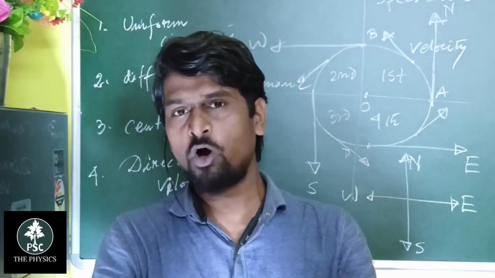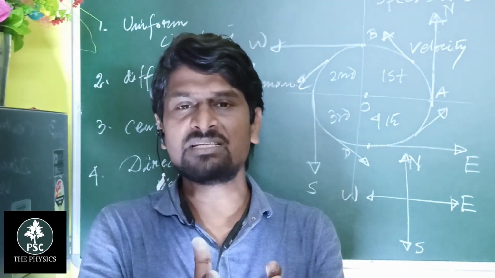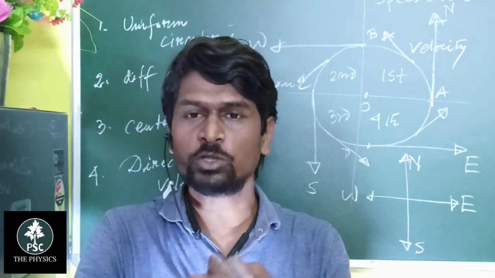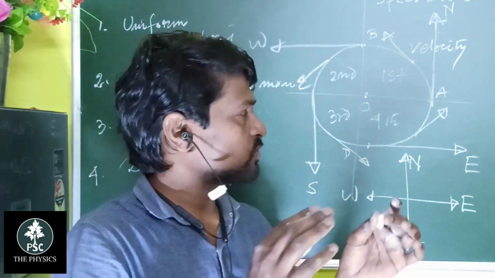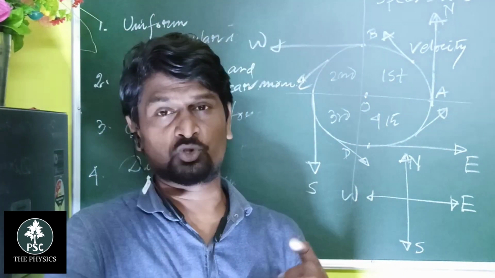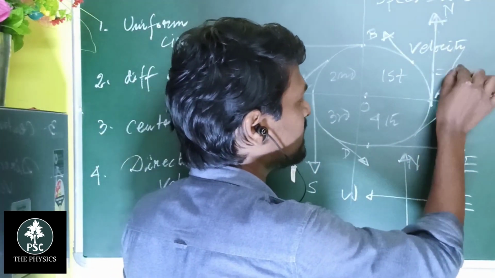So uniform means it subtends a particular angle in a particular interval of time. This is called uniform. Uniform circular motion: speed remains constant, velocity changes.